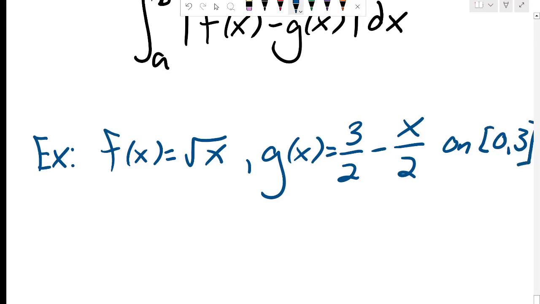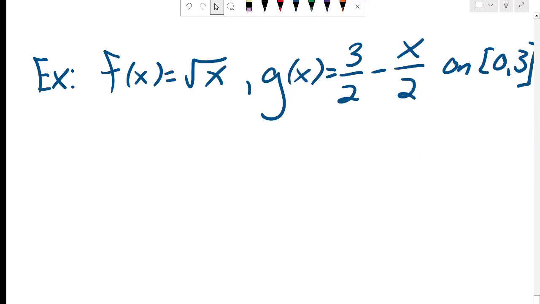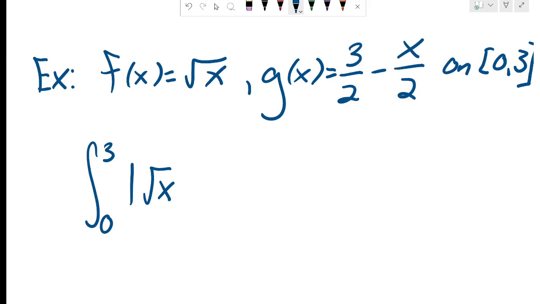Again, we're looking at the part between the curves, not the part which is bounded by the x-axis, but specifically the part between the curves here. So if we just write it out with that formula we just had, this is going to be the integral from 0 to 3 of the absolute value of the square root of x minus 3 halves plus x over 2. Okay.